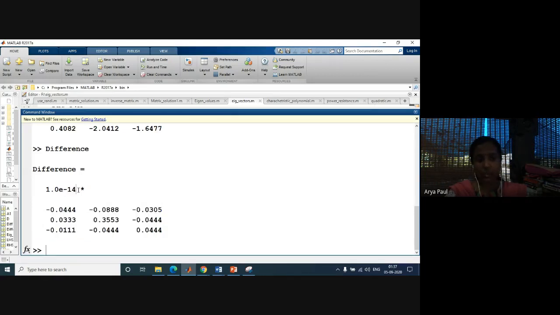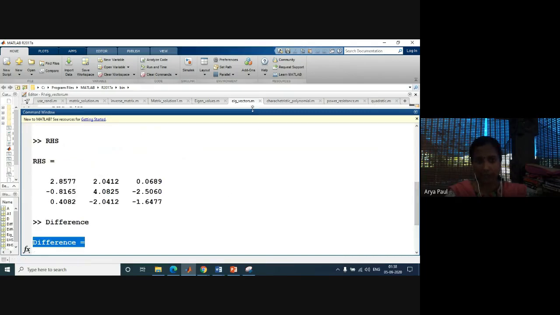In MATLAB, that is 10 to the power minus 14, isn't it? 10 to the power minus 14 is actually very small. So the difference is very close to 0. I hope this is clear.